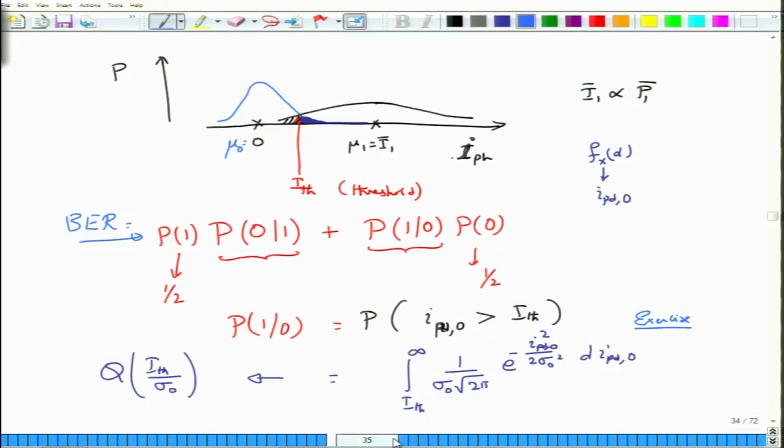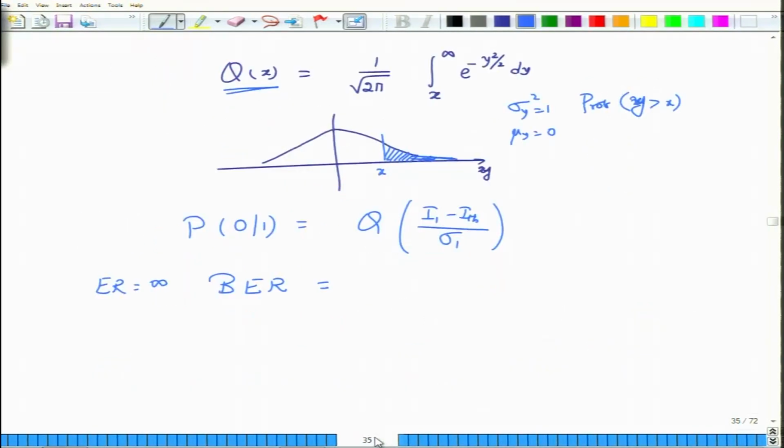So that expression is BER, and you can actually find the expression by substituting these values, and in fact you can combine these to show that this is given by Q of I1 divided by sigma 0 plus sigma 1. Okay. So this is what you can actually show, and in this case the optimum threshold value is actually given by I1 by 2.